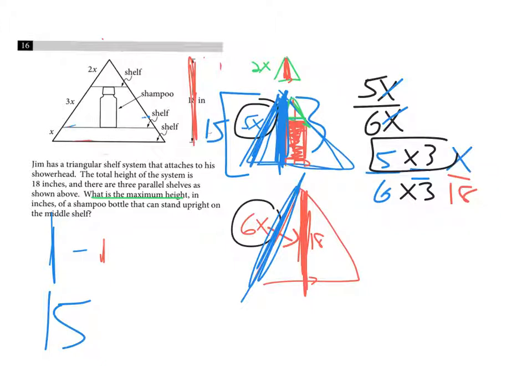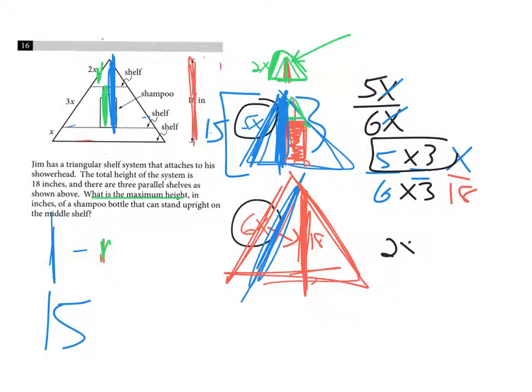Now to get the height of the shampoo bottle, I take this blue height minus the green height. So I'm going to figure out what the altitude of the green triangle is. Again, I'm going to set up a proportion. The ratio of the green to red is 2x to 6x, or 2 to 6. If you want to reduce it to 1 over 3, you can.